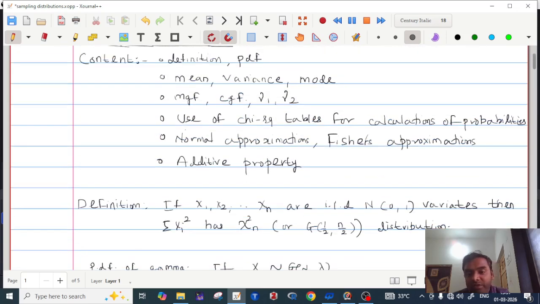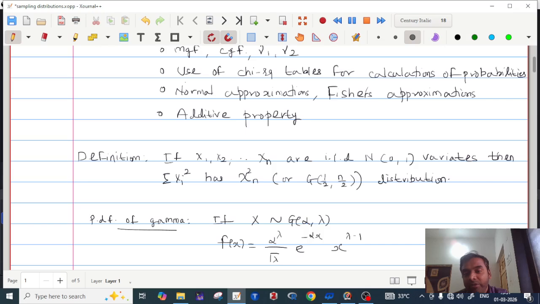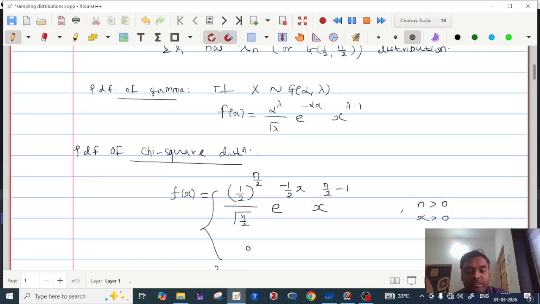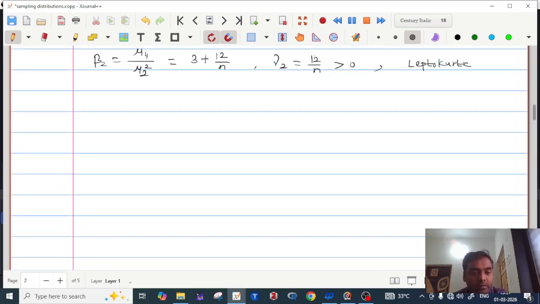Next is the use of the chi-square table for calculation of probabilities, then the normal approximation and Fisher approximation. The next one is the use of the chi-square table for calculation of probabilities.